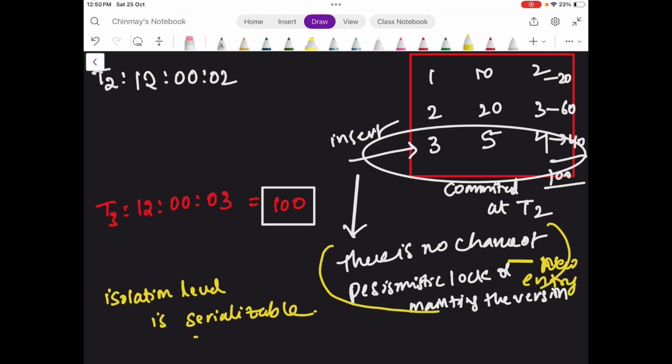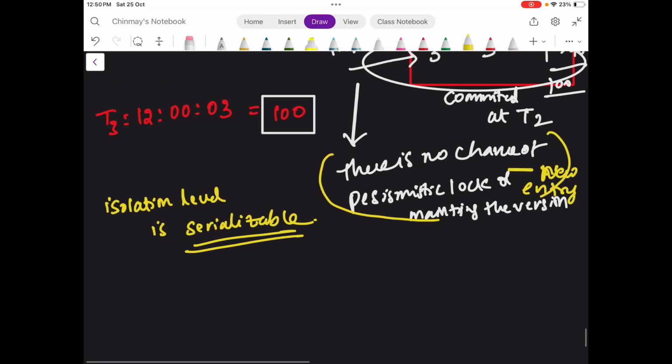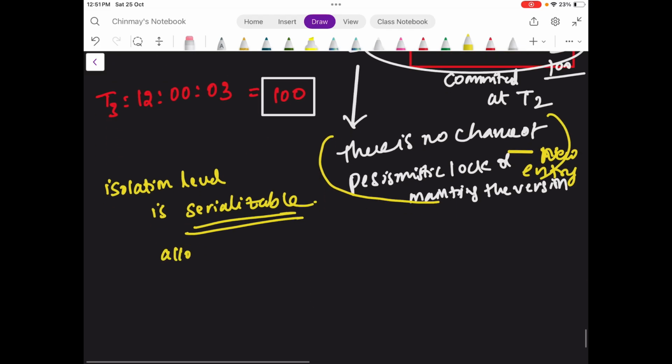What will serializable do? Serializable allows transactions sequentially.